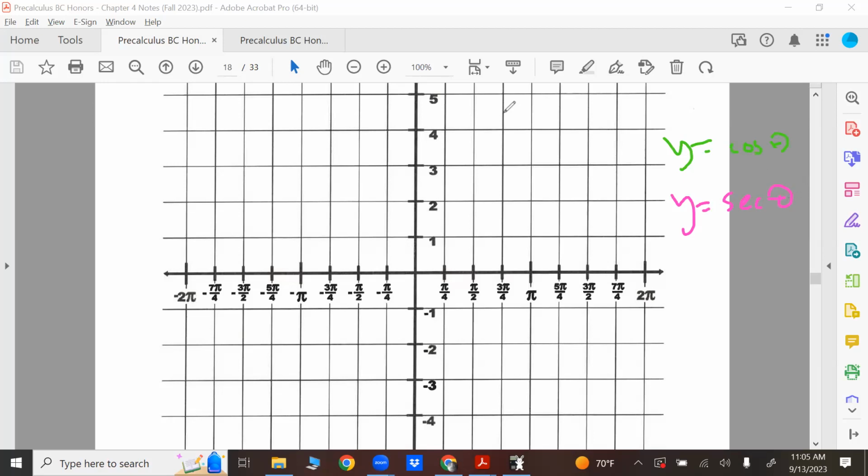Okay, so cosine graph, I know it looks like this. We hit the peak. Whoa, let me do turquoise, light blue. So we have this, this, this, this, and this. And then √2/2, -√2/2.